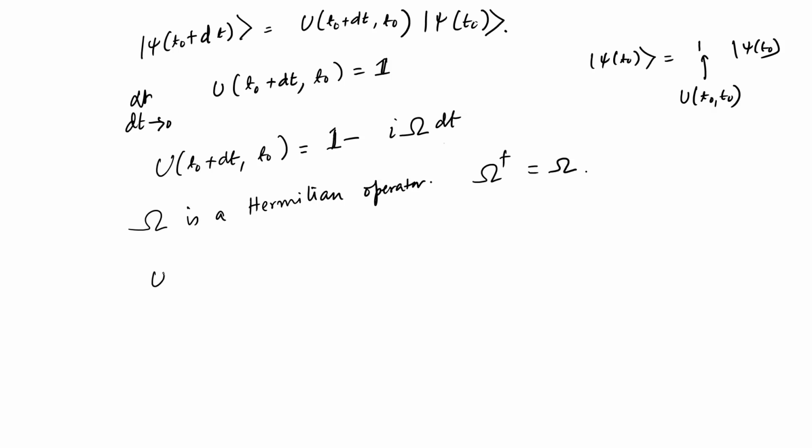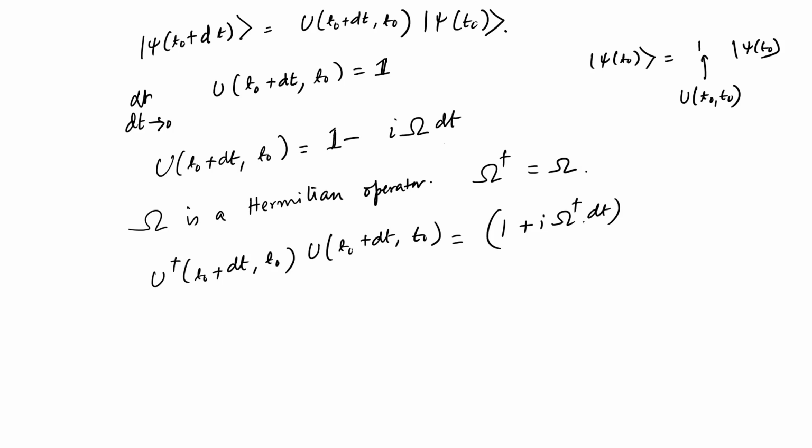So we have U dagger(t0 plus dt, t0) U(t0 plus dt, t0) equal to (1 plus i omega dagger dt) into (1 minus i omega dt).